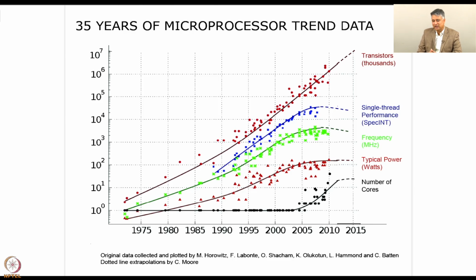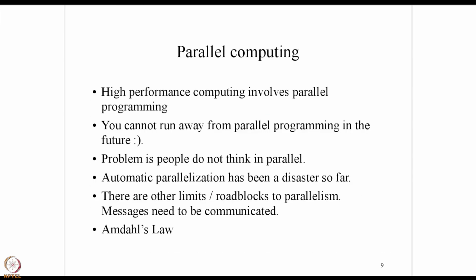Now, it's very clear that the only way to increase the computing capacity of these machines is by increasing the number of computing cores. Now, what if you want to harness all this power for a single computation? This is where parallel computing comes in. Let us say that I have a computer which has maybe 8 cores or maybe 128 cores.